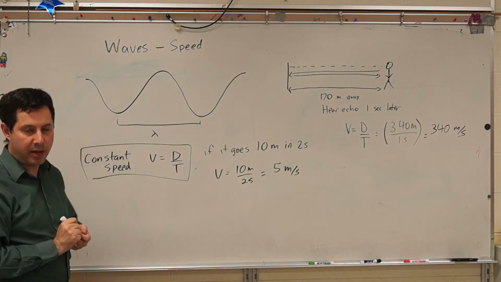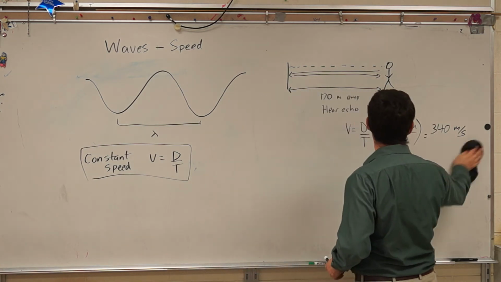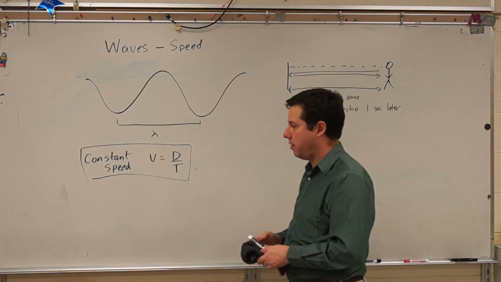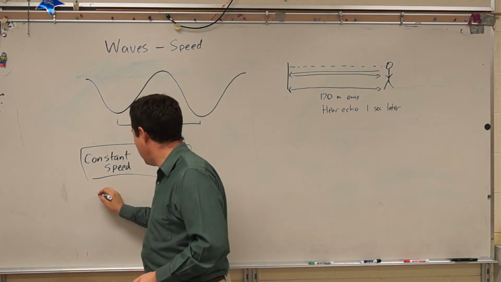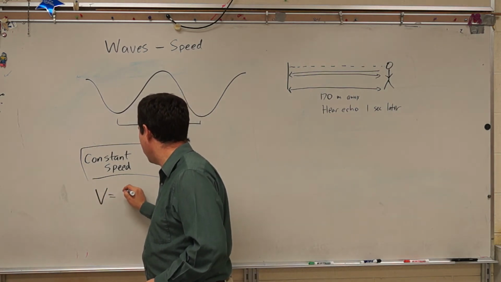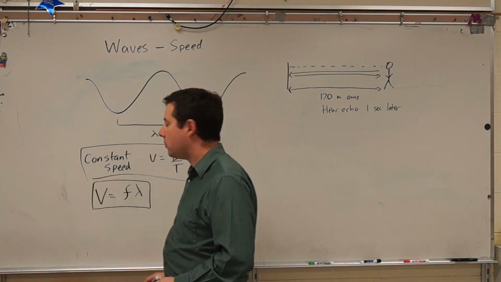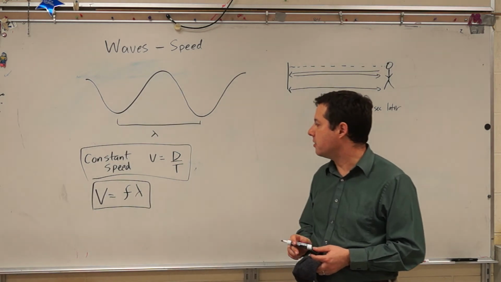So that is one way to find the speed of waves. Velocity is distance divided by time. There is another way, and that comes from knowing the wavelength and the frequency of a wave. Velocity is frequency times wavelength, and you can find the equation on your reference table.